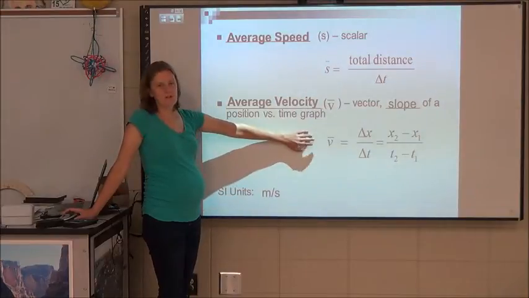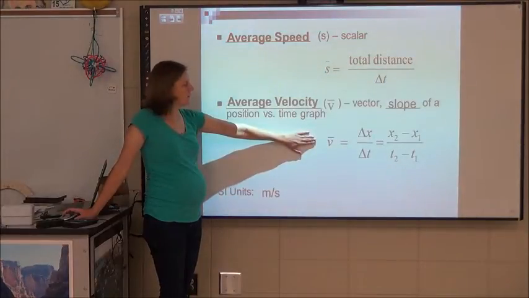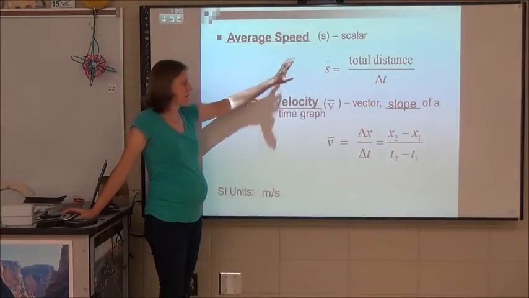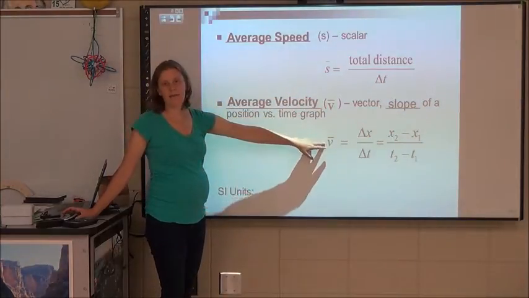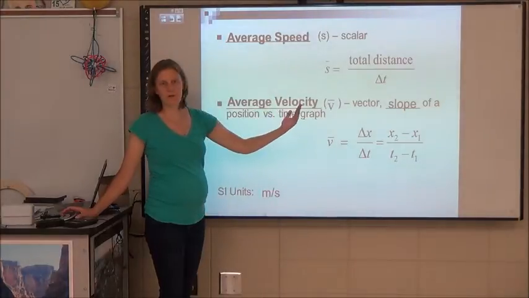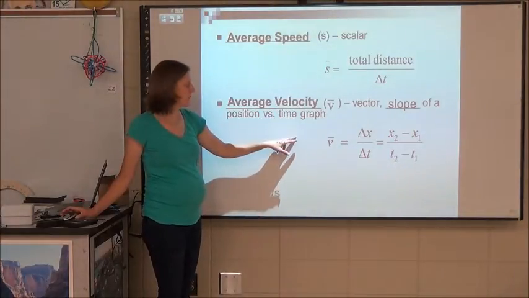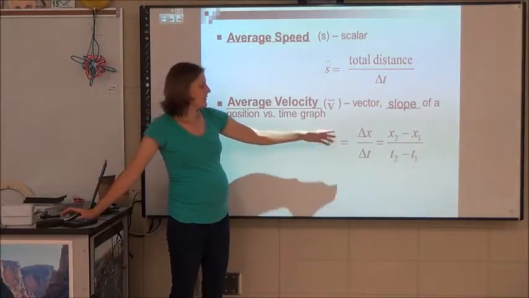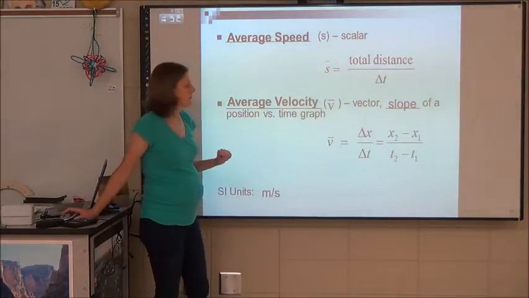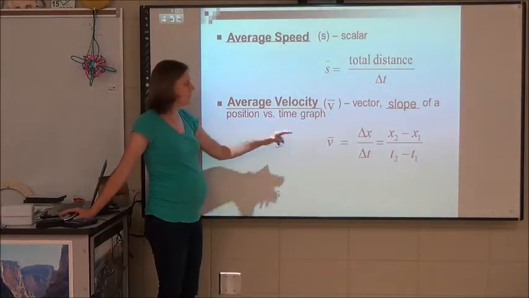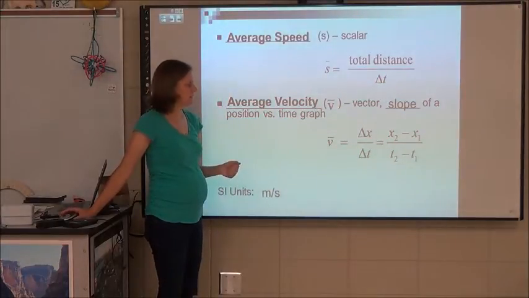Here's a discussion question I think we're going to see later. A common "do you know the difference between these two things" question: a track athlete runs a 400-meter race, 400 meters in basically a circle. Let's say it takes him 100 seconds to do that. 400 meters, 100 seconds.